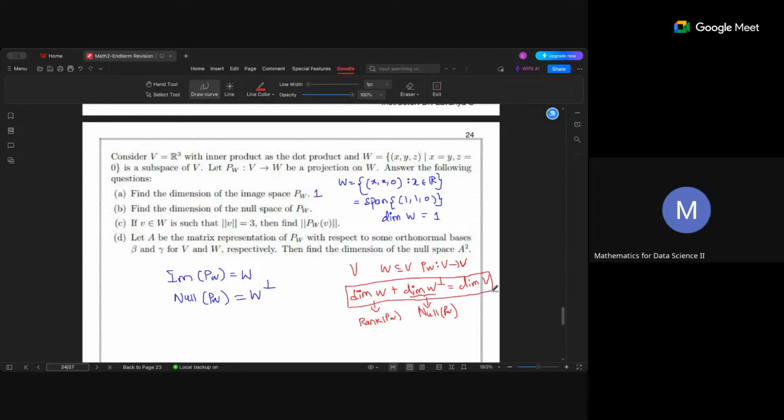So from this property, you know that the dimension of W perp is 2.